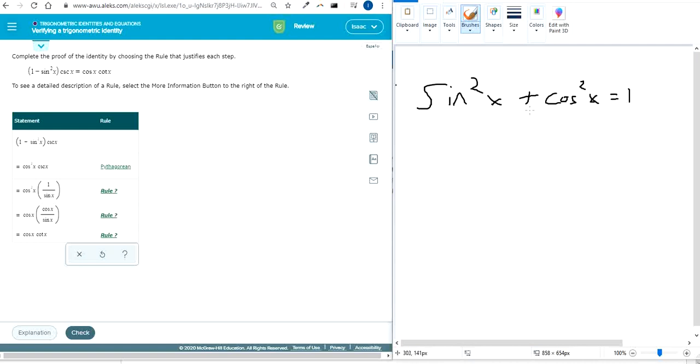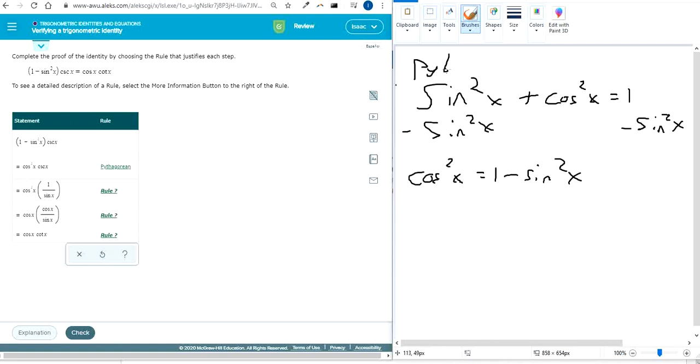If you rearrange this, if you subtract sine squared x from both sides, you get cosine squared x equals 1 minus sine squared x. So they took this Pythagorean identity and rewrote it.